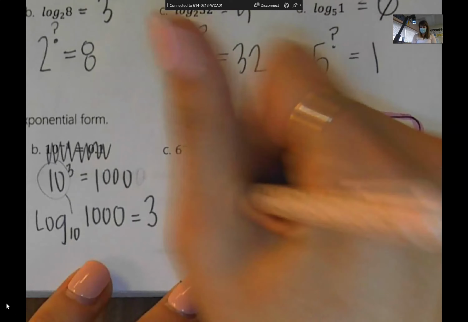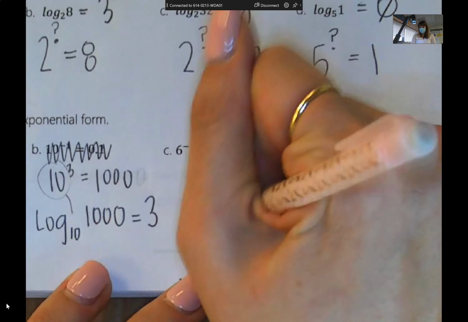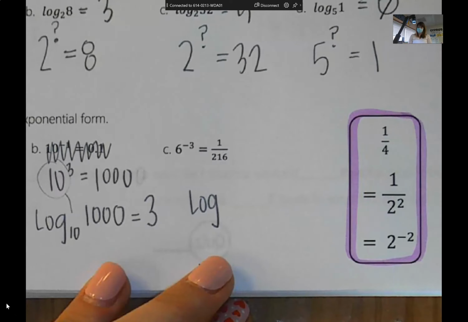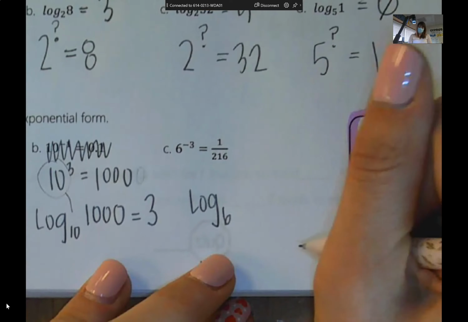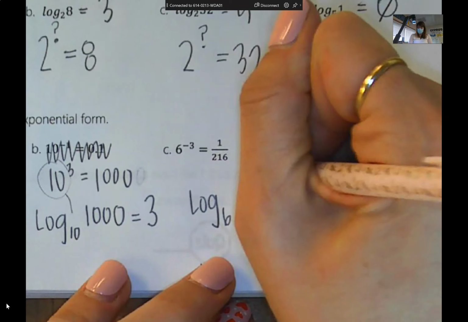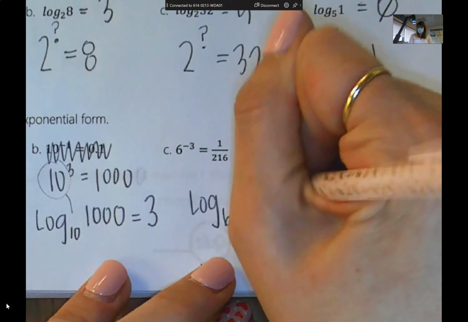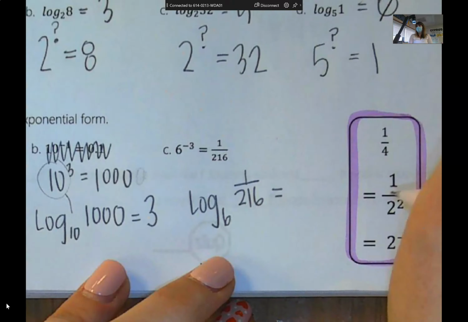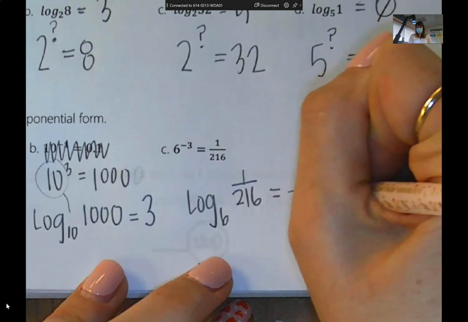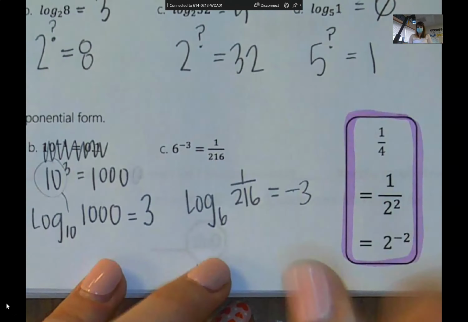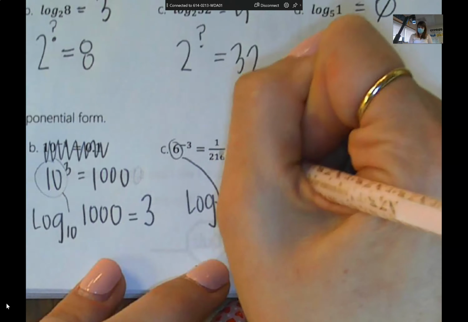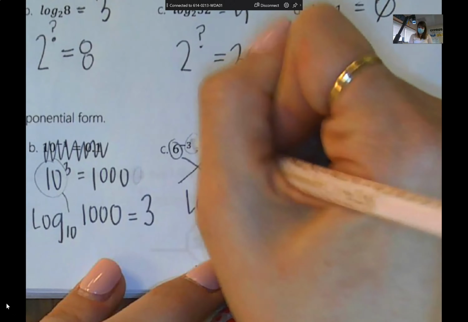So this one would be log base, what number do I write down by the tail? 6 of 1 over 216 equals -3. So you bring the base down and then you crisscross these two numbers.